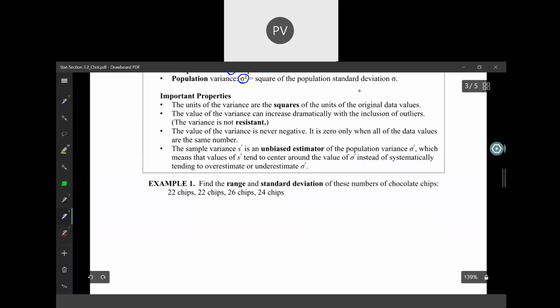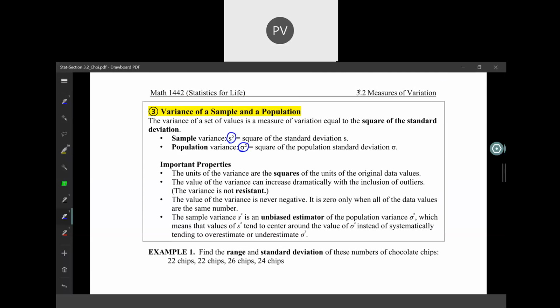S is the standard deviation of a sample, so the square of it is the variance of a sample, and the square of the standard deviation of a population is the population variance.